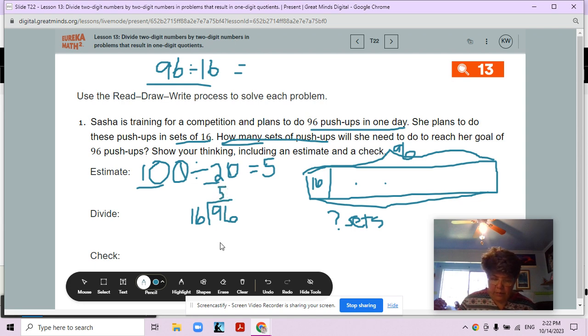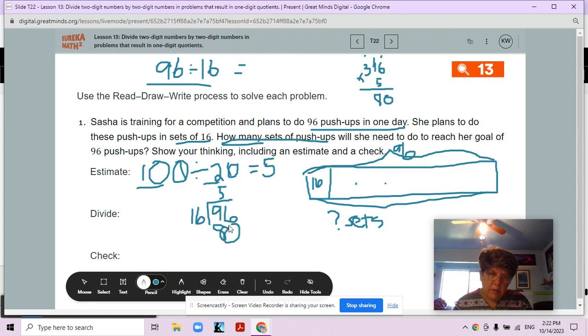Okay, now 5 times 16. So on the side, we need to do 5 times 16, right? Okay, and 5 times 6 is 30. Carry the 3. 5 times 1 is 5, plus 3 is 8. 80. Okay?